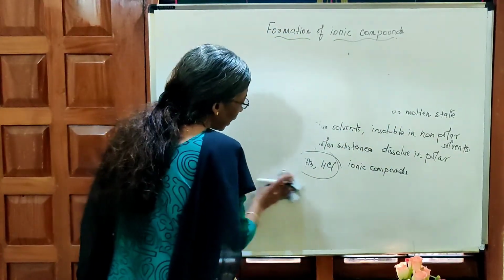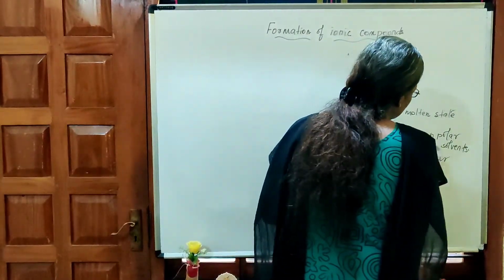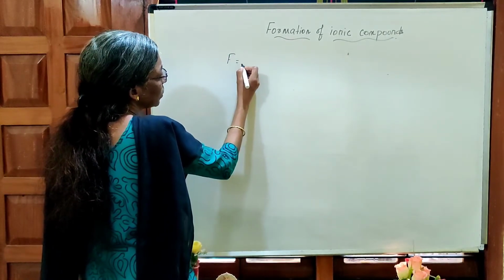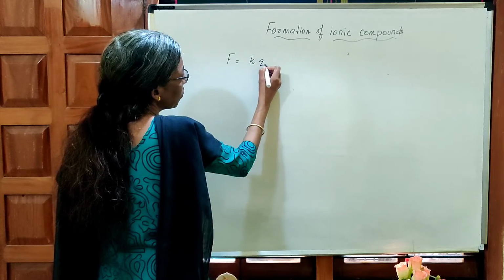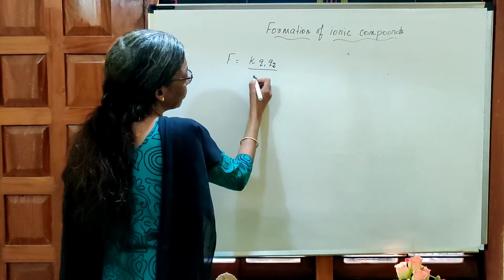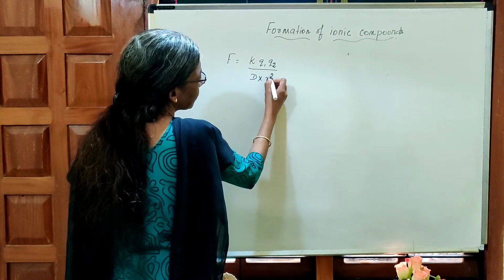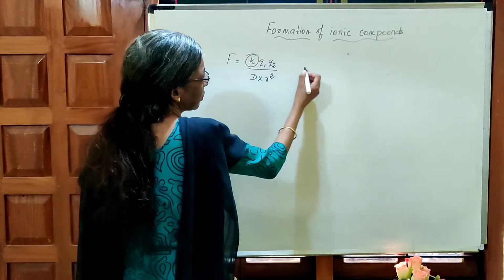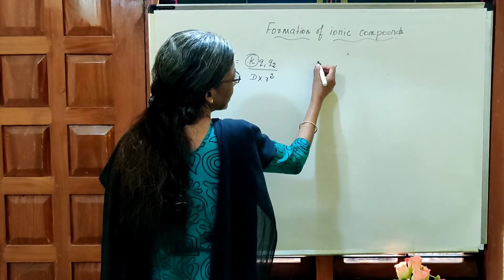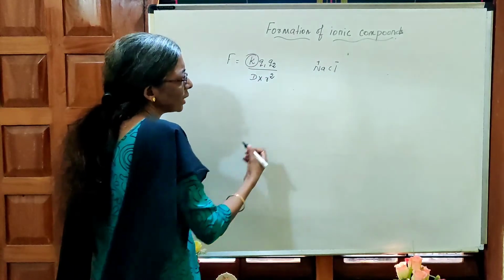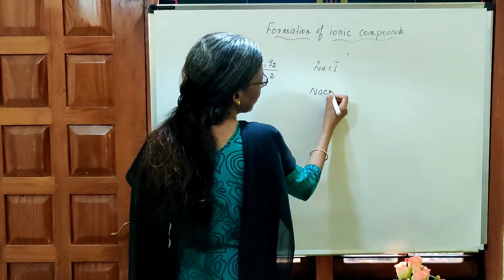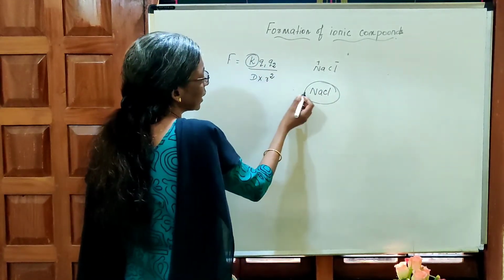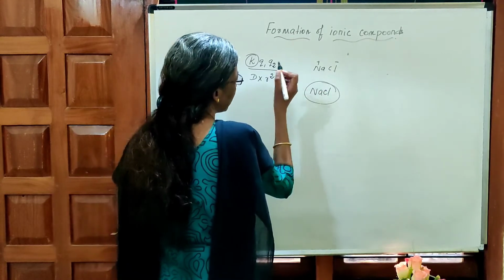The force with which you are trying to separate the ions is equal to K into Q1 Q2 divided by D into R square. K is the constant. Q1 is the charge of the positive ion and Q2 is the charge of the negative ion; in NaCl, one is plus and one is minus. In the solid state, NaCl ions are very closely packed, so the attraction is very strong.